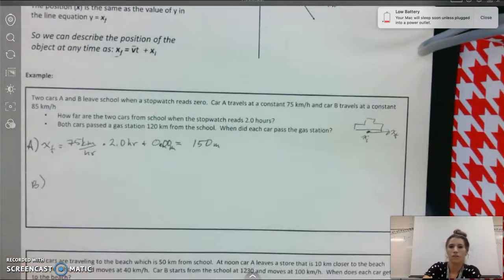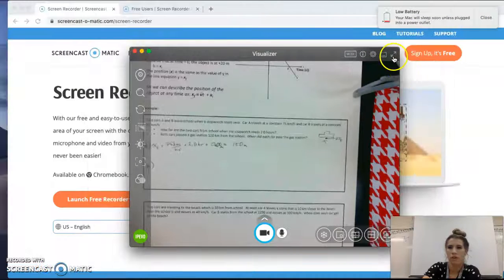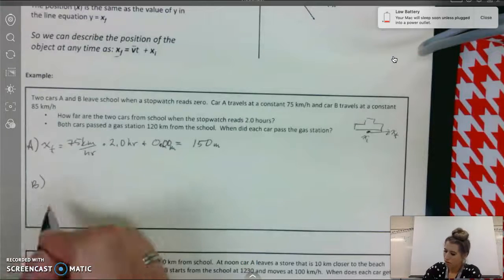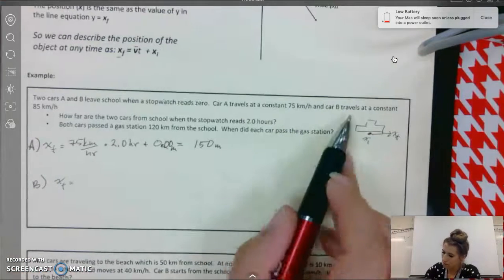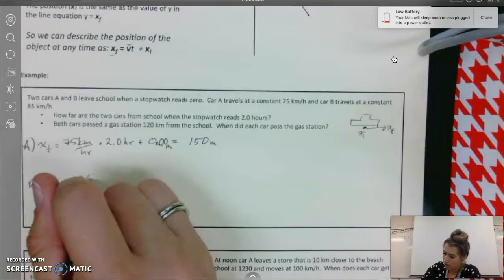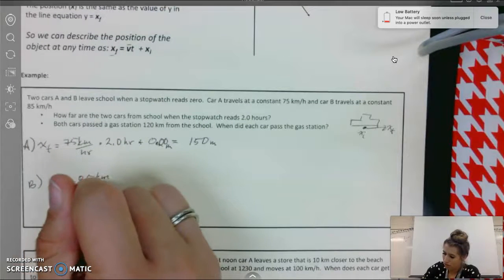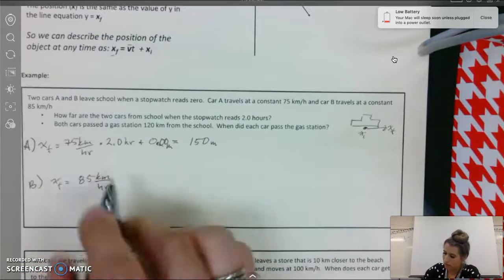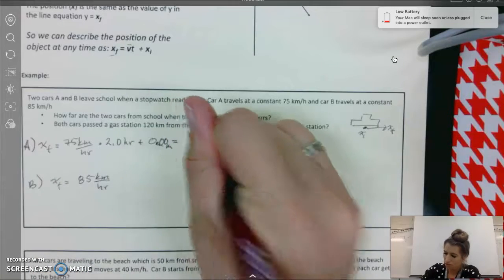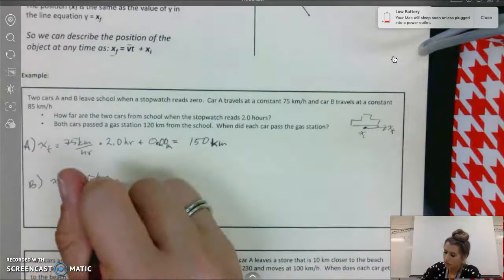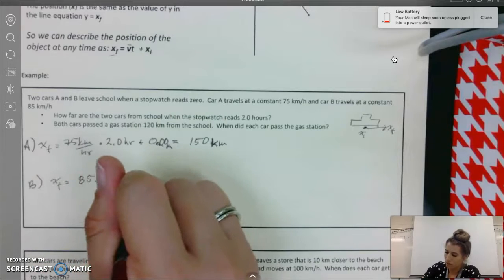Now, for car B, we have x final is equal to 85 kilometers an hour. Oh, and I'm just recognizing I went from kilometers to meters. I need to keep that the same. So that's kilometers. Okay, and the time frame's the same, 2 hours.